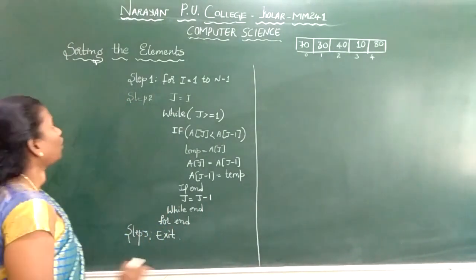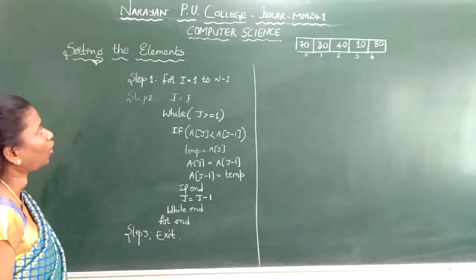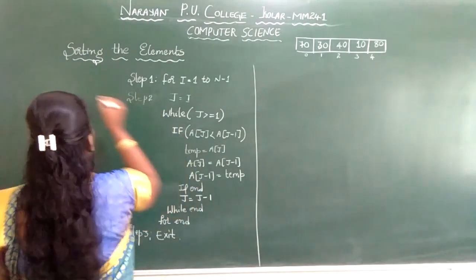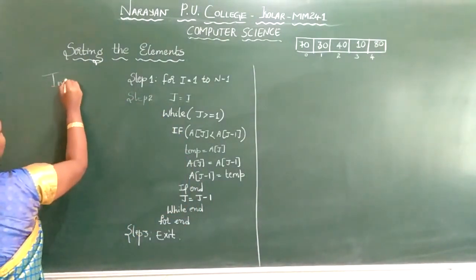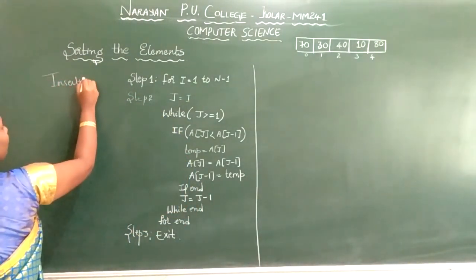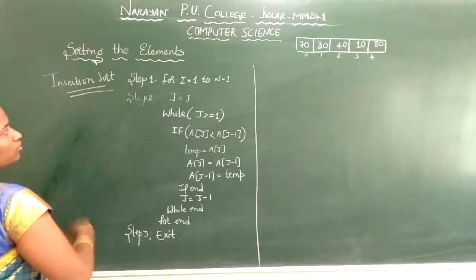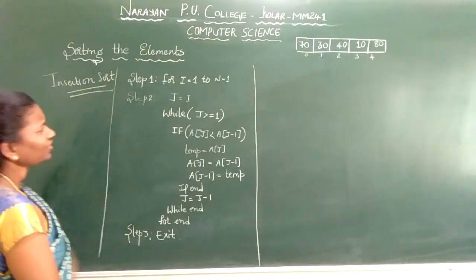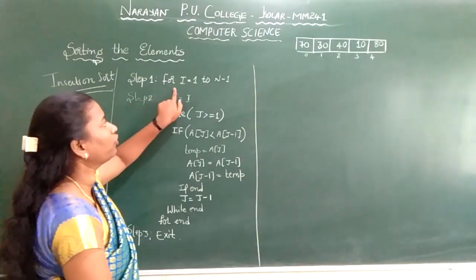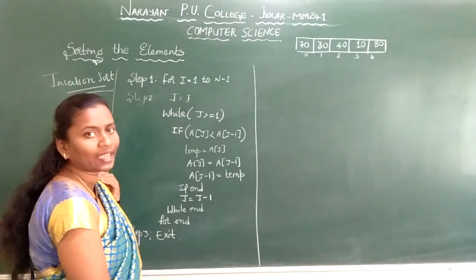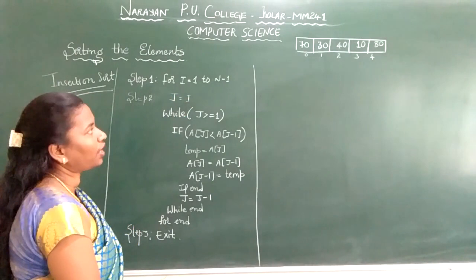Now see, this is sorting, and this is your insertion sort algorithm. Step 1, I am using a for loop, initializing I equal to 1 to n minus 1.